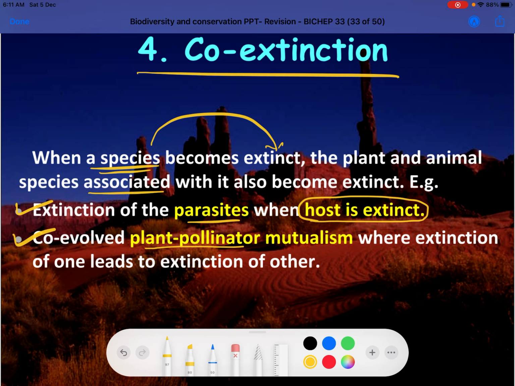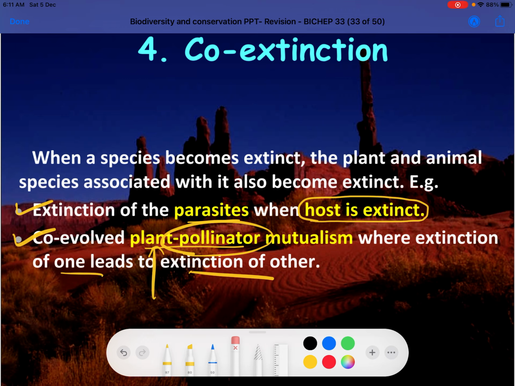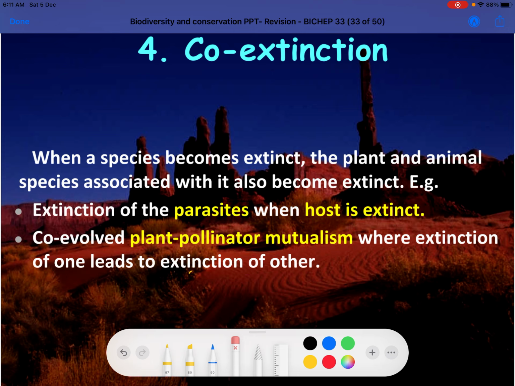So if the plant is extinct, for example, then the pollinator is also going to become extinct. So in co-evolved plant-pollinator mutualism, extinction of one leads to extinction of the other. If the pollinator is no more, then plants find it difficult to reproduce, so they are going to be extinct.